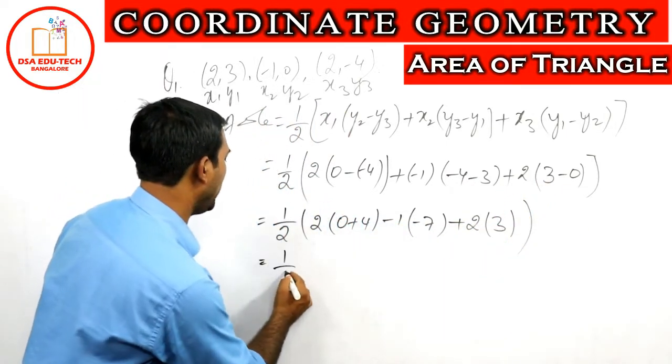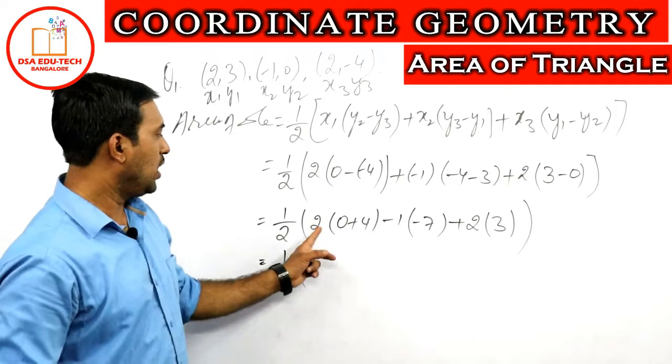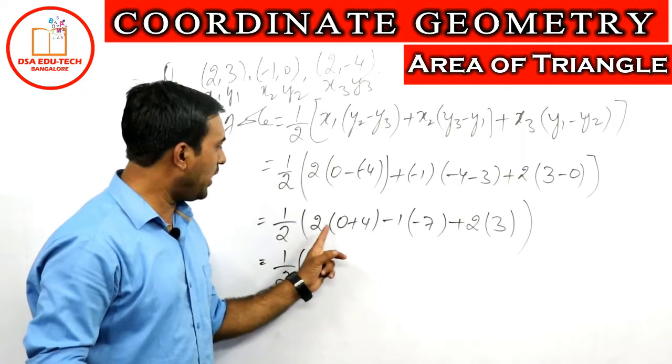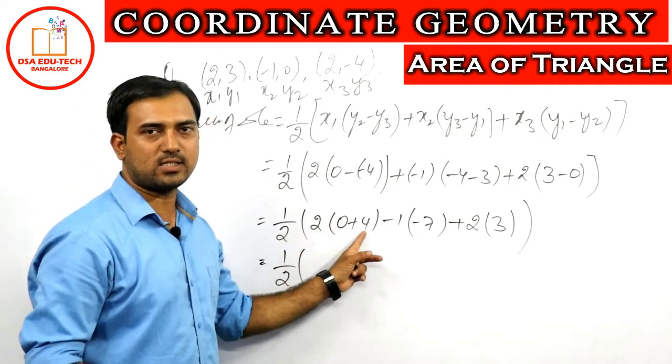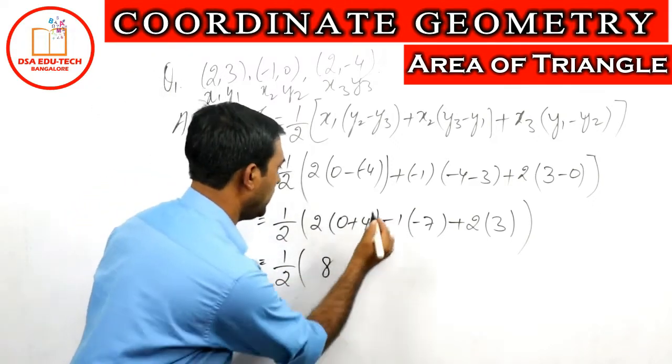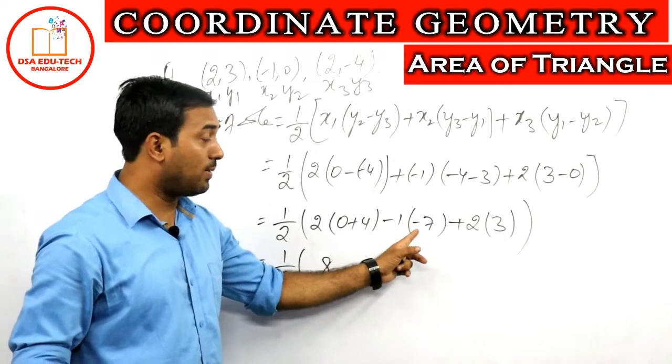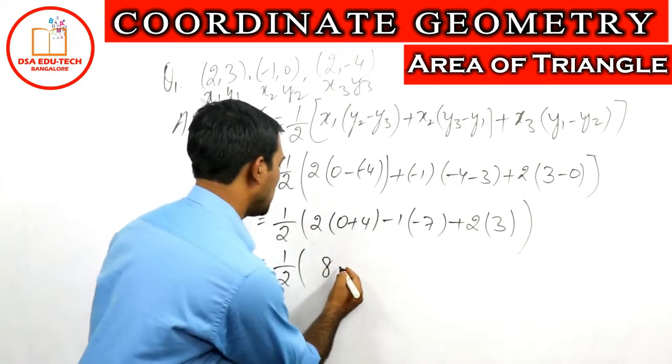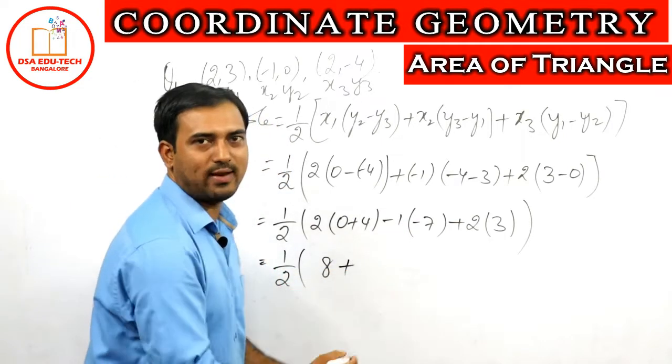Next is 1 by 2, constant. 2 into it is 0 plus 4 is 4, 4 into 2 is 8. So I wrote 8. Minus into minus is plus, so plus 1 into 7 is 7.